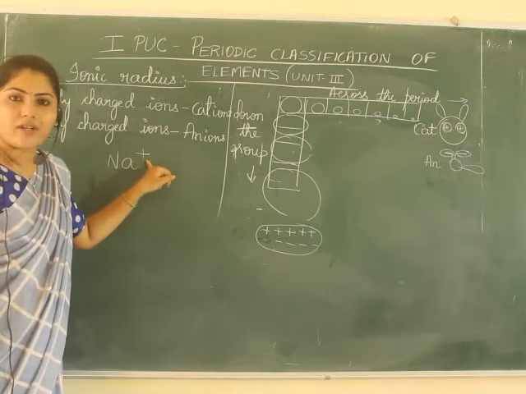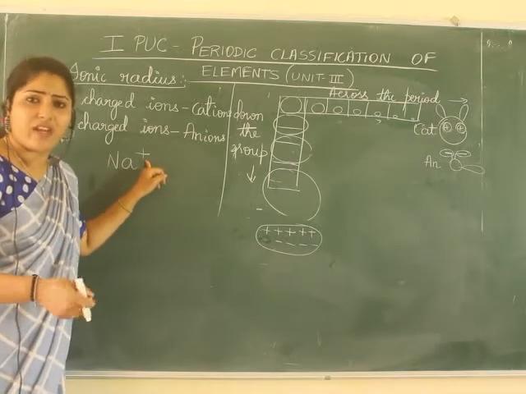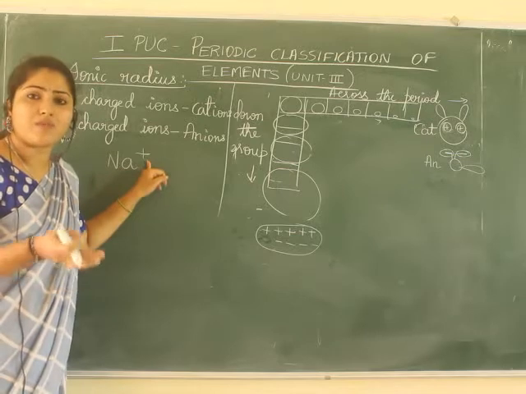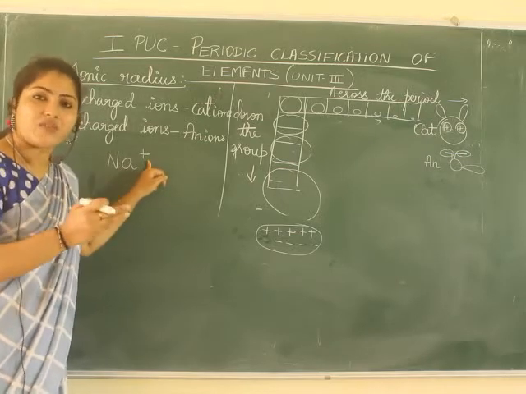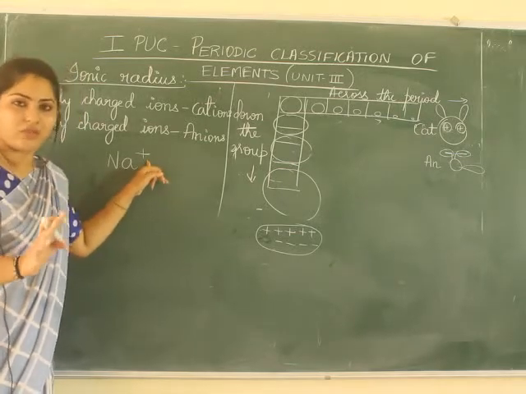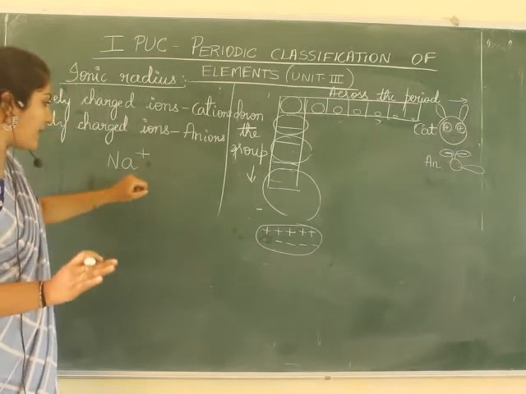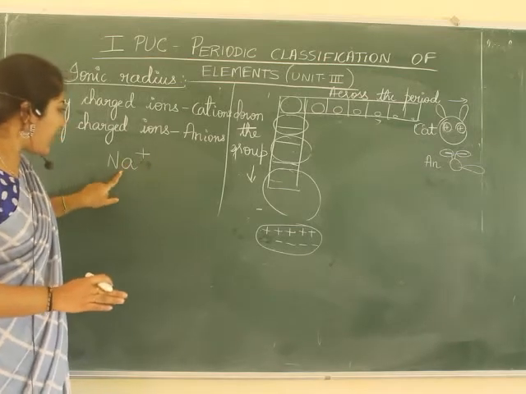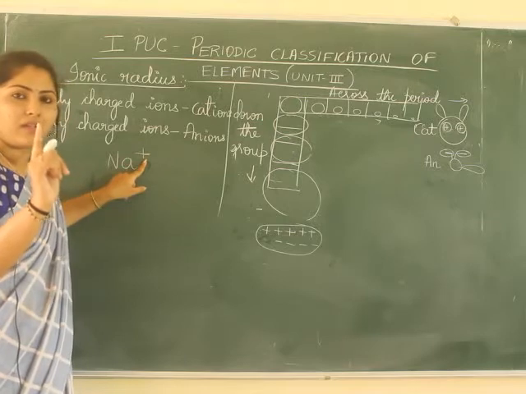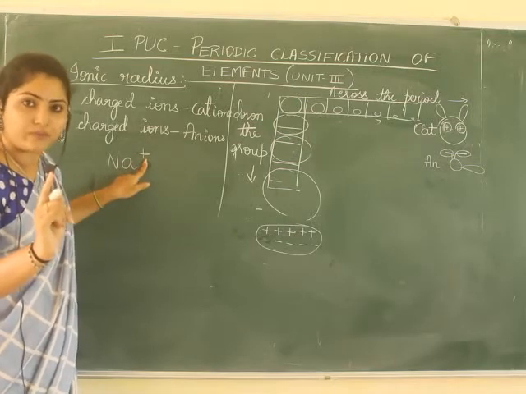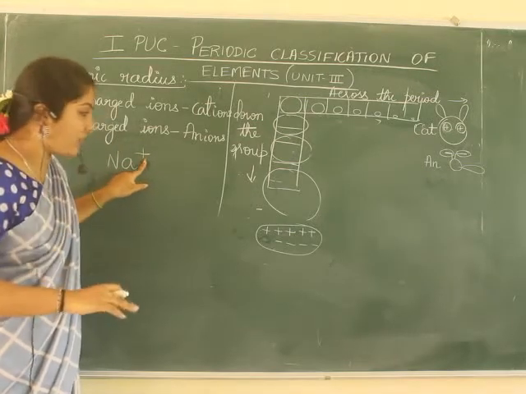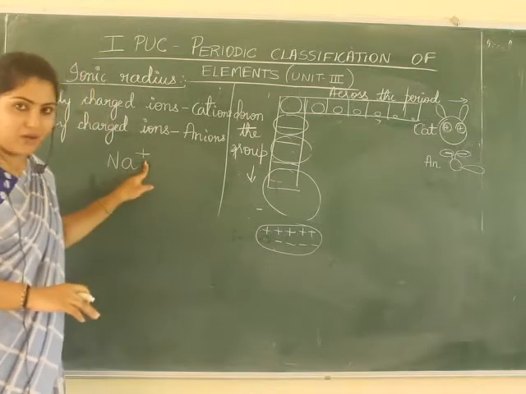Now Na+ means there is one positive charge extra in it. Negative charge is related to electron, positive charge to proton. So what does this say? It says that it has one electron less now, because it has lost one electron, one positive charge has become extra.